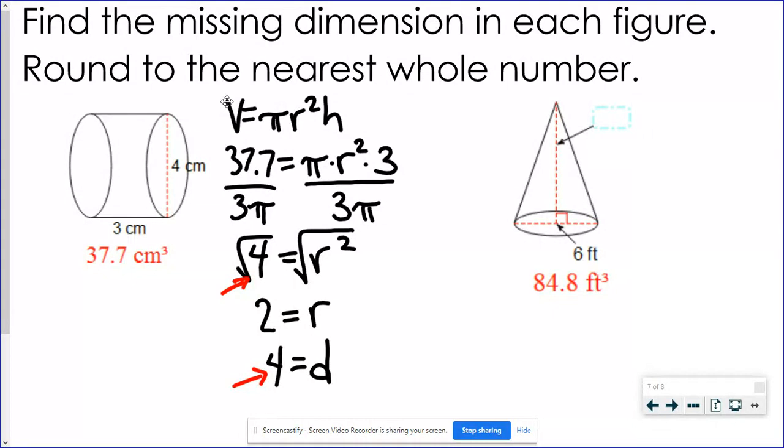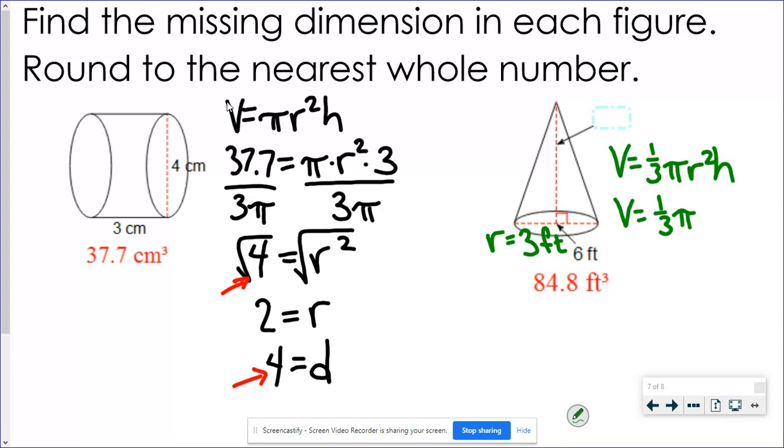All right, for this last problem, the diameter of the cone is 6 feet, which means that the radius is 3 feet. So my formula, V equals 1/3 pi r squared h. There's my pi. The radius is 3 squared.